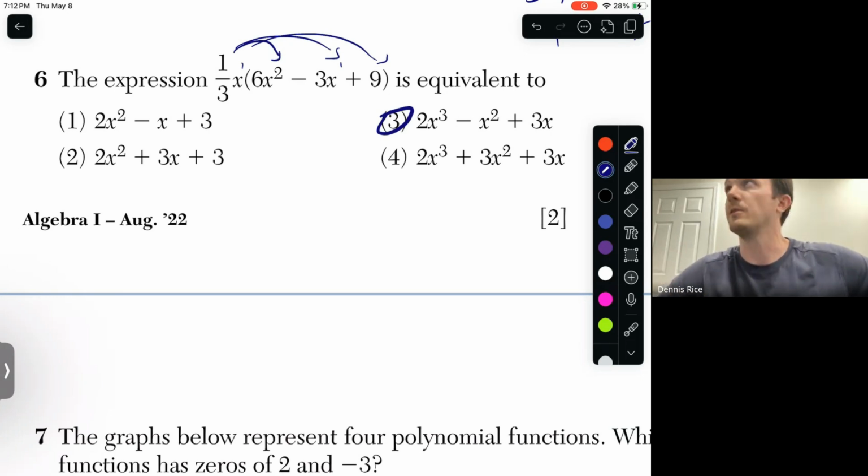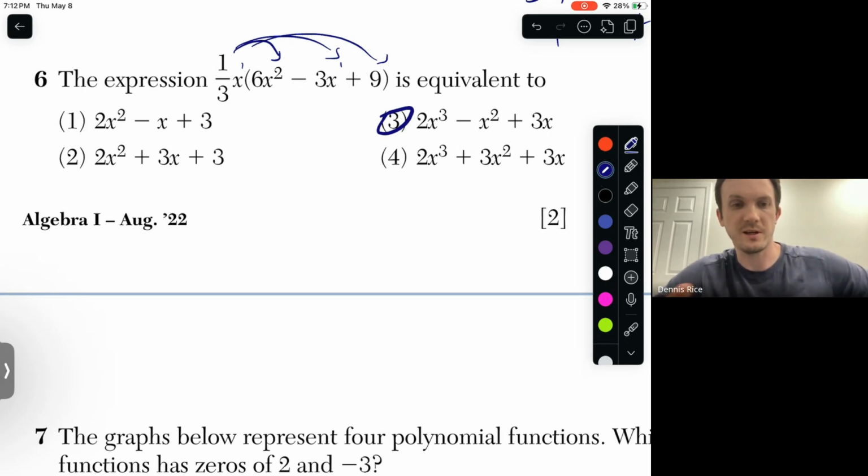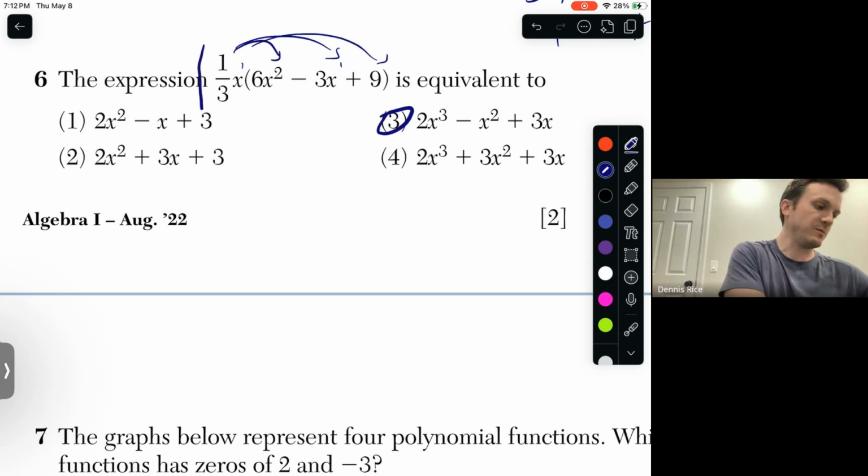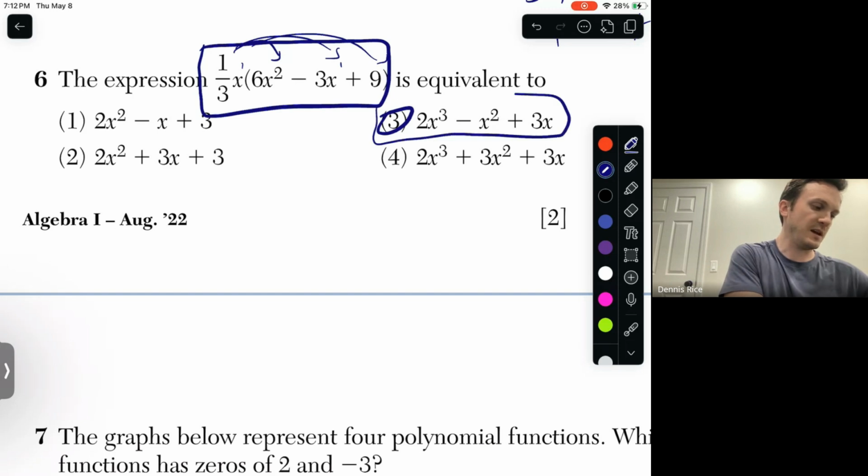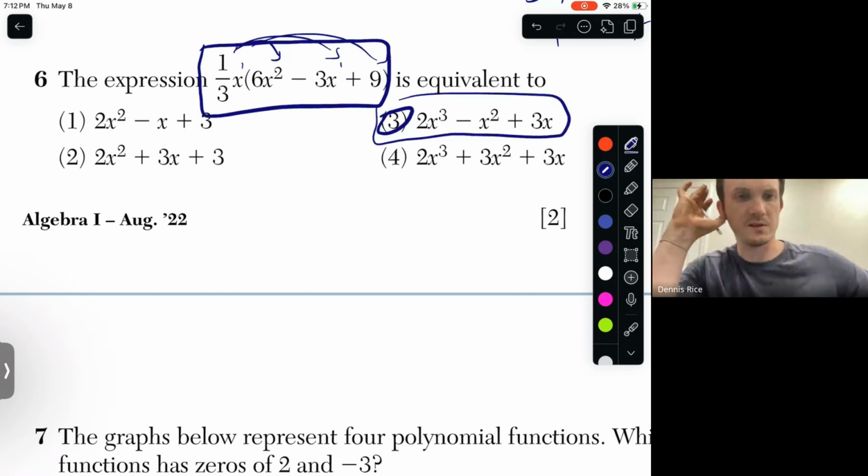This hack works for more questions than you think. Obviously, this is easy enough that we would probably just do it, but let's pretend for a moment. Anytime a question asks about equivalence, one option you have is just using y equals. Type this in as y1 and y2, and then go to your table and see, hey, do these actually work out to the same thing?